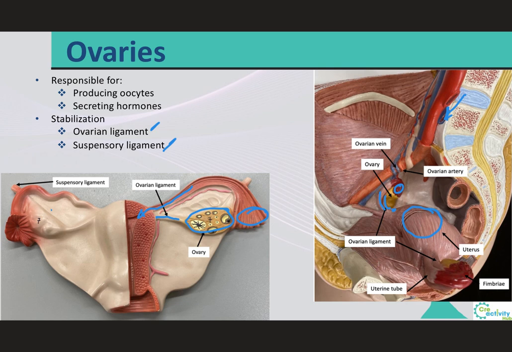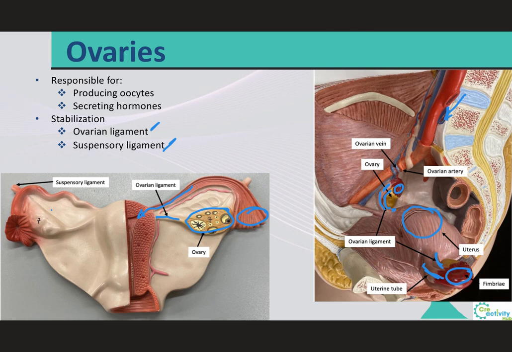Here is your fimbriae, continuous with it is the uterine tube. Therefore, this other one is the ovarian ligament. Same thing on the other side. Fimbriae is continuous with the uterine tube. Therefore, the other tube structure is the ovarian ligament.